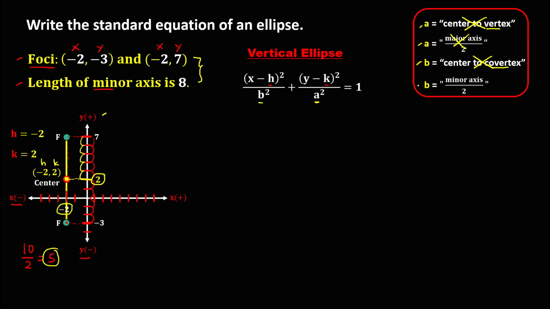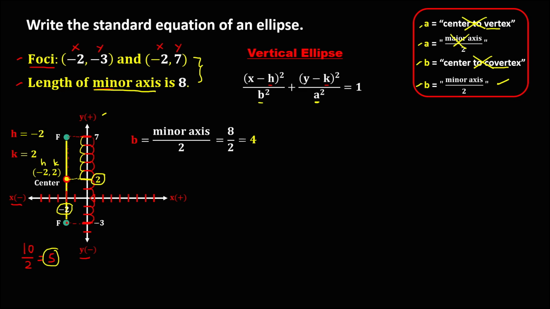Then the other formula for b, the minor axis divided by 2. Since we have the given minor axis, therefore we can solve b using this formula. And the minor axis is 8, then divided by 2, therefore b is equal to 4.